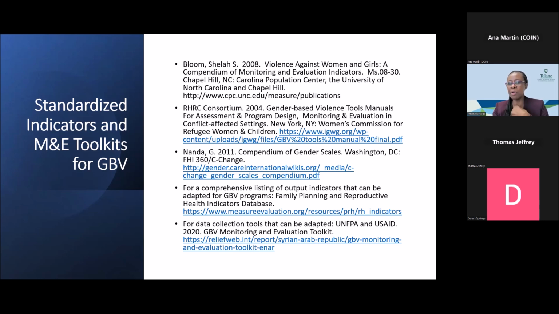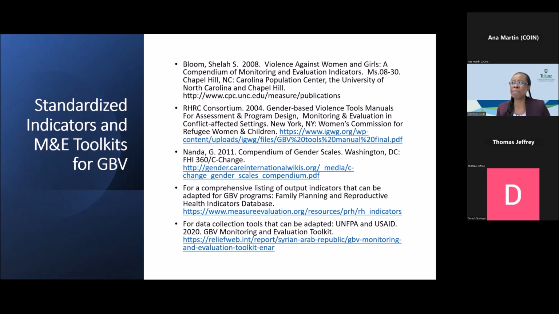Then for people who are working in conflict-affected settings, our HRC consortium has gender-based violence tools and manuals, and for program design, monitoring, and evaluation, those are useful as well. And there is a compendium of gender scales. This is important for composite indicators.